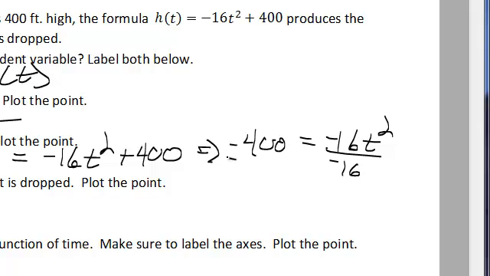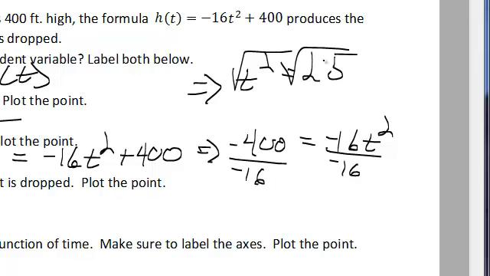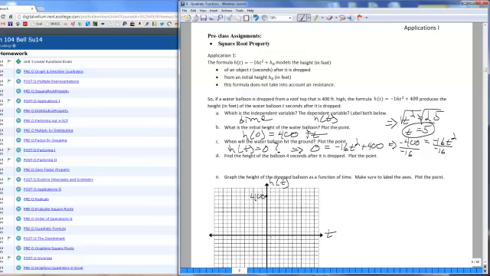Then I divide by negative 16, which implies that t squared equals, a negative over a negative becomes positive, 400 divided by 16, which is 25. But t squared is 25, so I have to square root, and I get t equals 5. So the water balloon hits the ground 5 seconds after it's dropped.